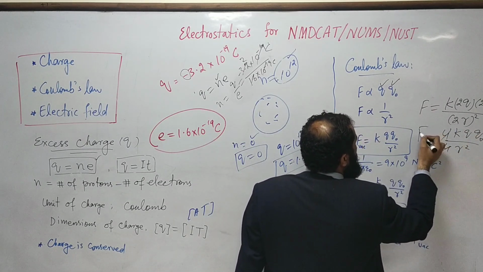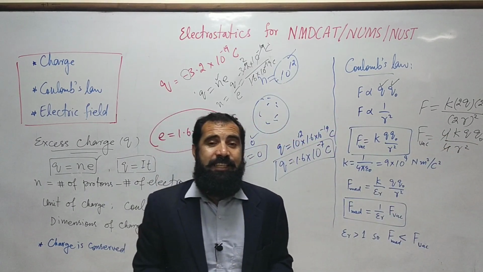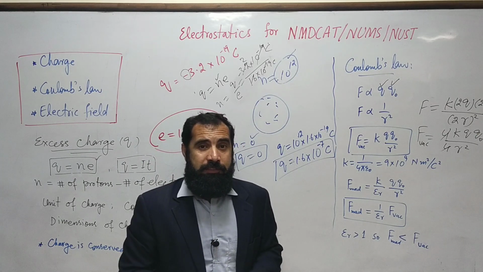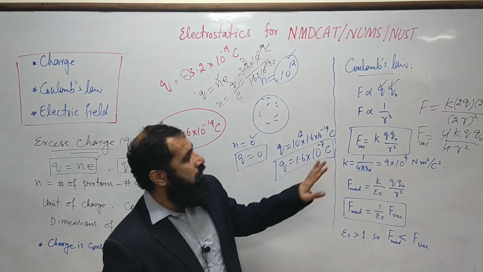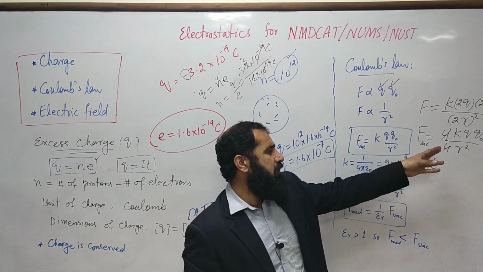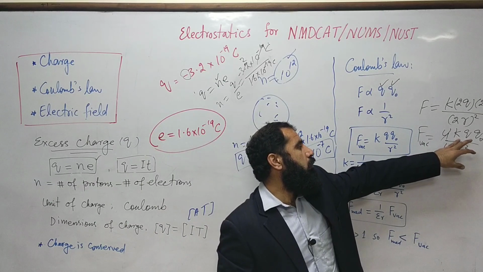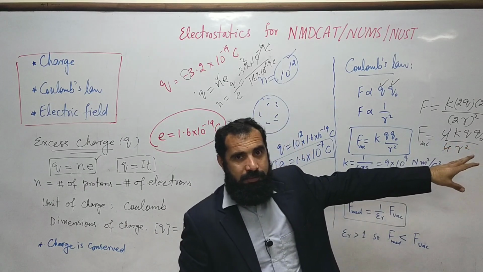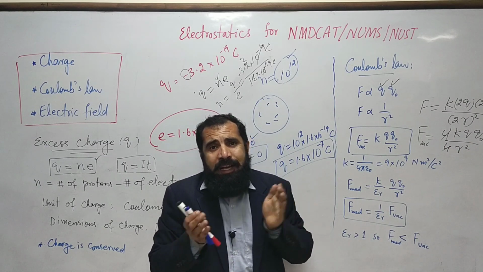So overall there is no effect if you double the charges and double the separation between the charges. The force remains the same. You may ask questions like this. Sometimes they say the magnitude of charge is doubled and the separation between them is halved.